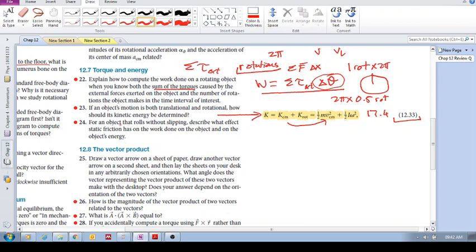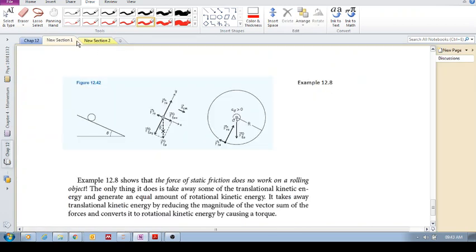24. For an object that rolls without slipping, describe what effect static friction has on the work done on the object and on the object's energy. Okay, well, I suggest you go and make sure you understand example 12.8.